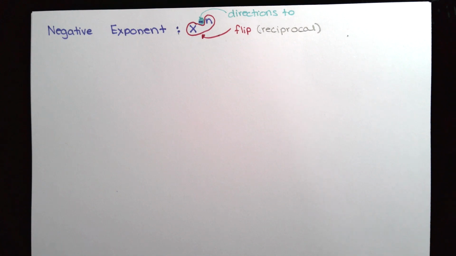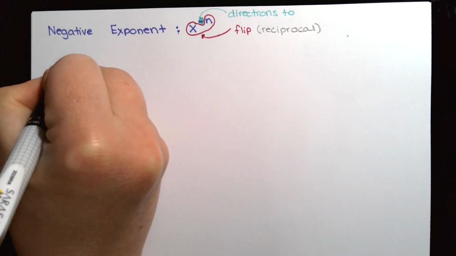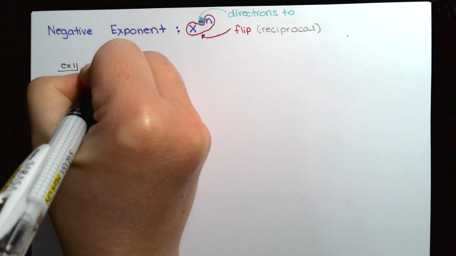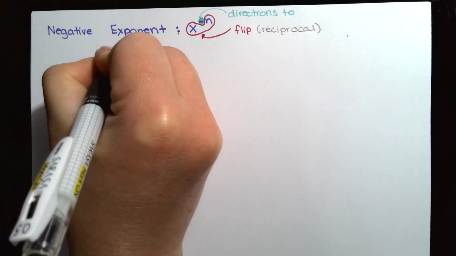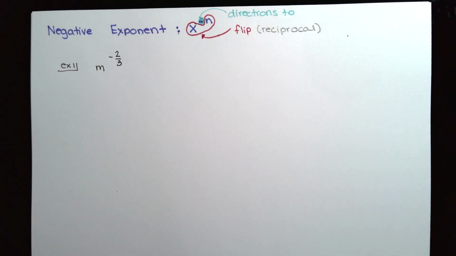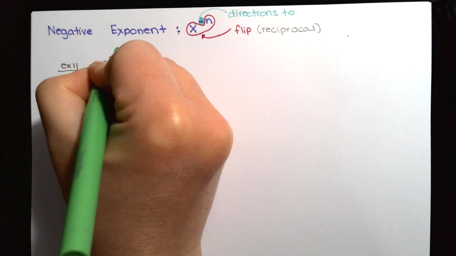For example, how does this affect your conversions from a radical to a rational expression? Example 1. So let's say we have m to the power of negative 2/3. We are going to treat this as taking the base, taking the exponent, ignore the minus.